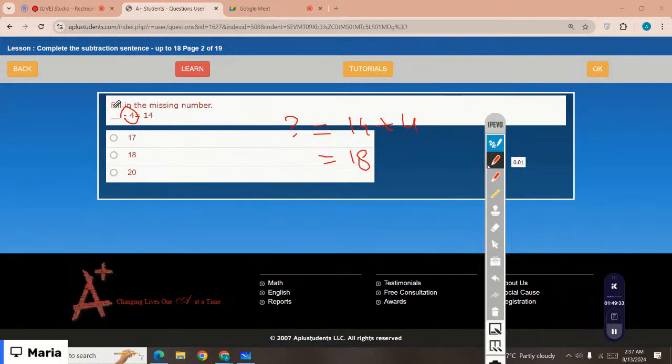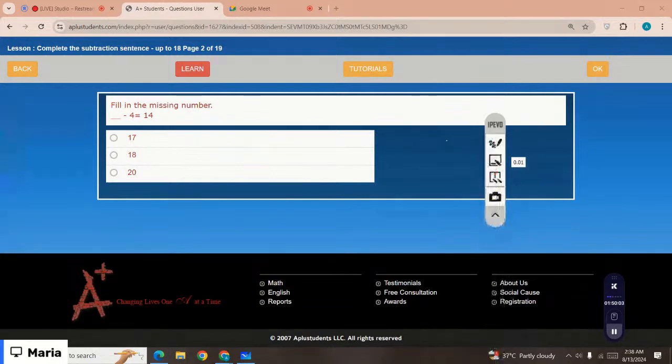So that means because the greater number is missing, the greater number is 18. The correct option is 18, option number 2.